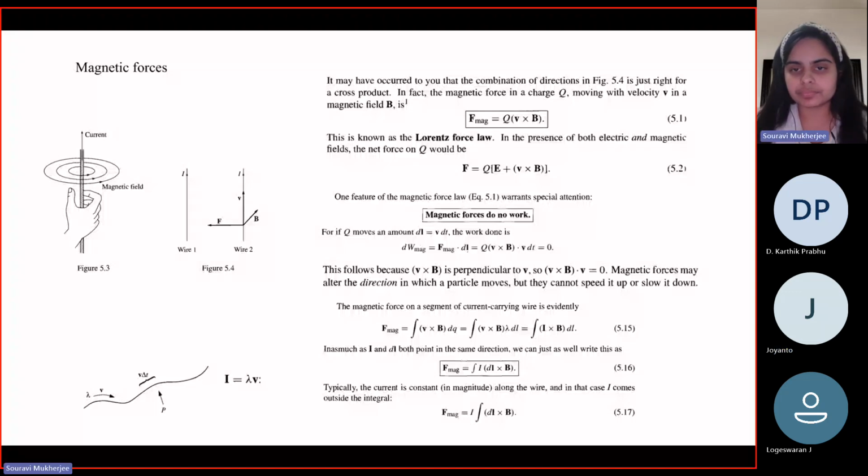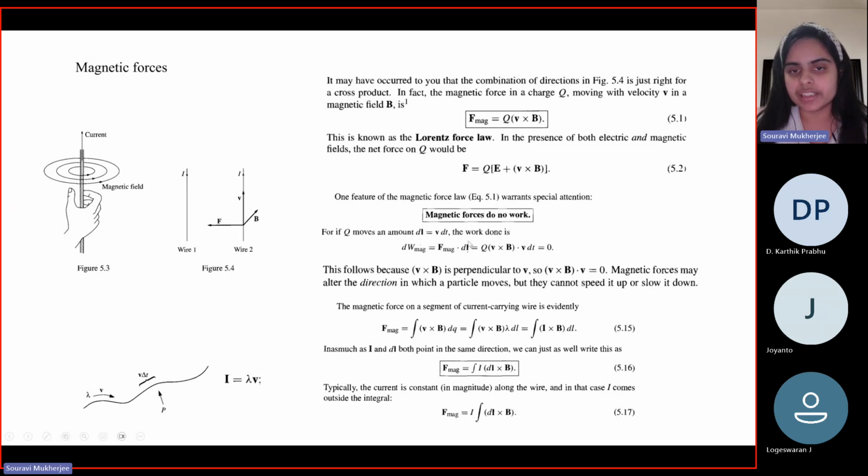Okay. So one interesting thing about magnetic forces is that they are always perpendicular to the direction of motion of the charges. It's perpendicular to V, which gives rise to the fact that magnetic forces do no work. So if you have some charge Q moving, the magnetic force will be given as Q into V cross B. If you want to find the amount of work done, and Q moves some distance dl in some time dt with velocity v, then dl is given as v into dt.